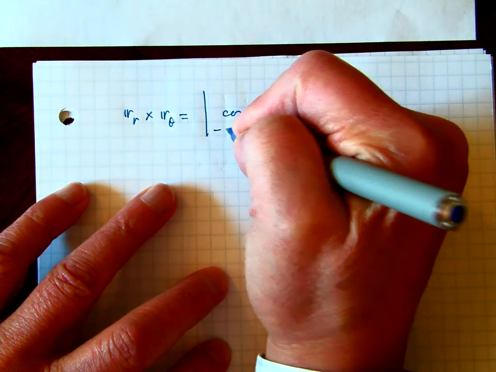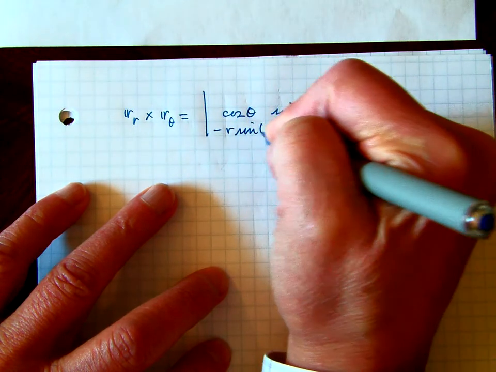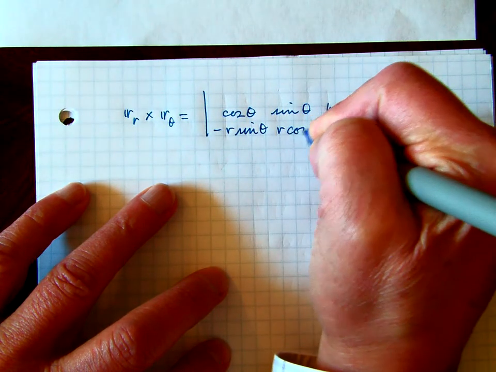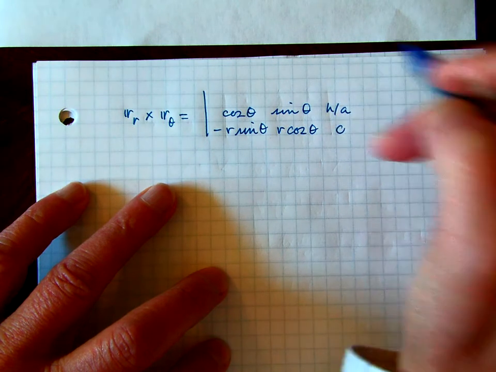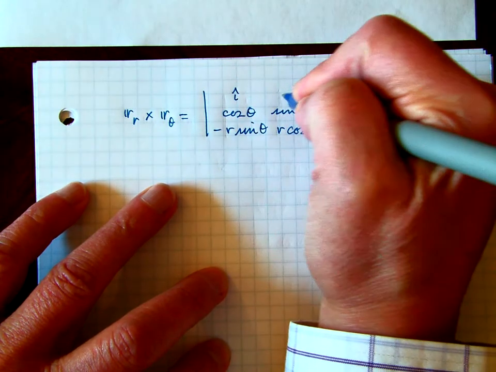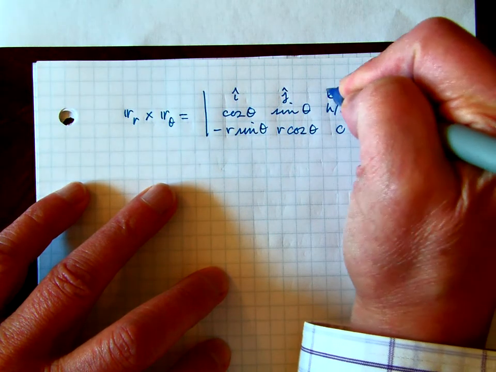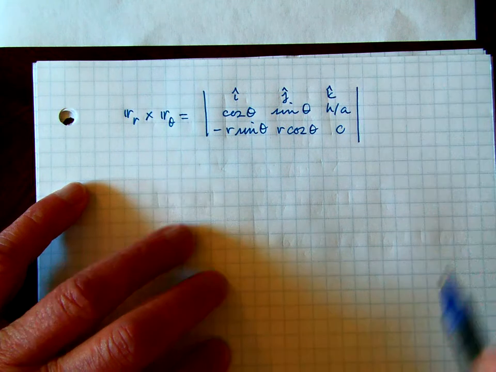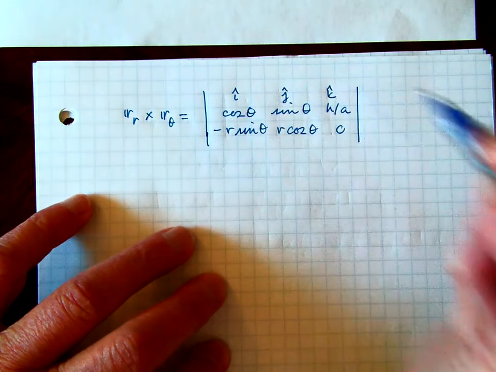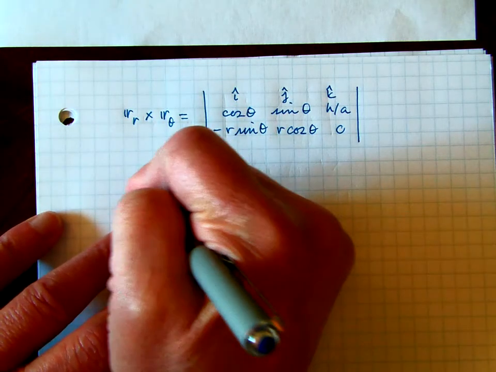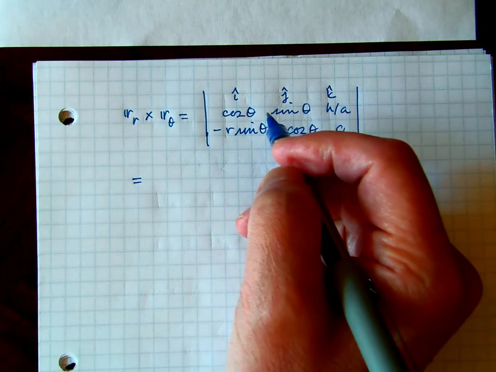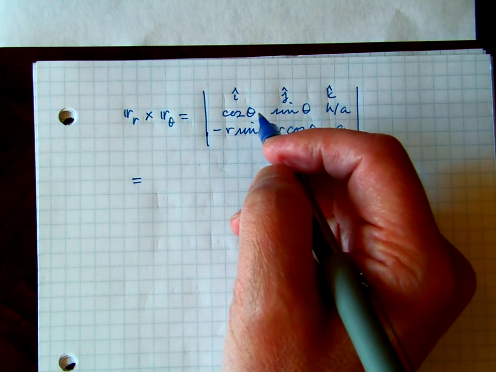Down at the bottom, we're going to have r sine theta, r cosine theta, and 0. And of course, let's finish this off with our i, j, k at the top. I left it to last so the spacing would be a little easier. Okay, so here goes. We're about to do our computation now.